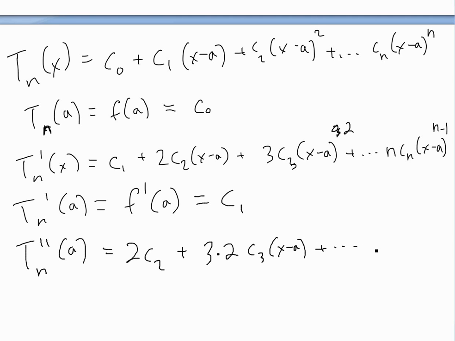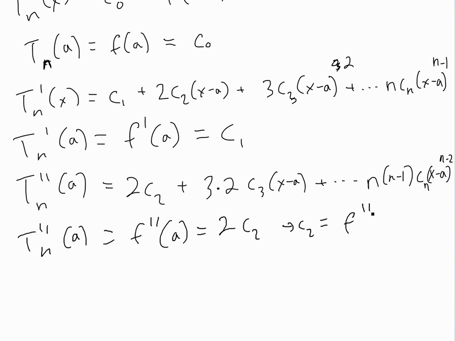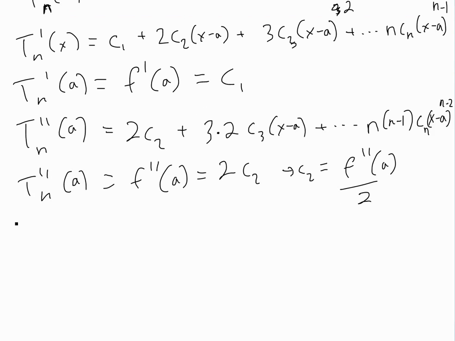This one's going to be n minus 1 times n cn (x minus a) to the power of n minus 2. And then we know that Tn double prime of a is equal to f double prime of a. These are the rules that we're setting. And this is equal to 2c2, so then c2 is equal to f double prime of a over 2. We'll do one more, then you'll see a pattern going on.